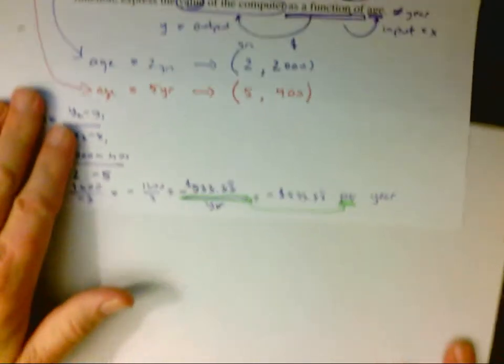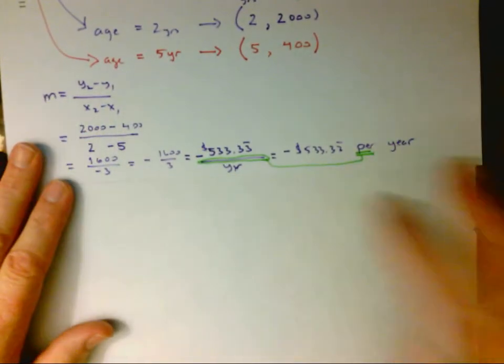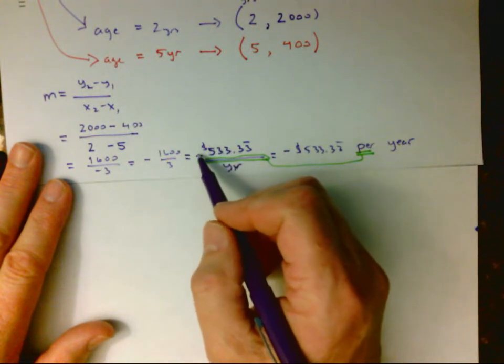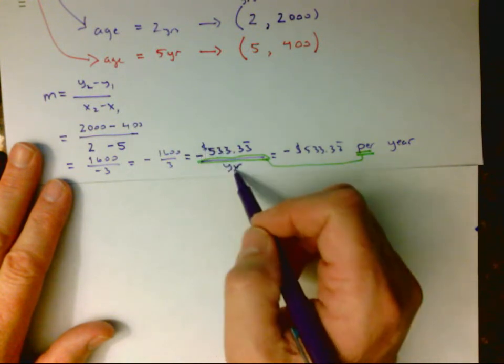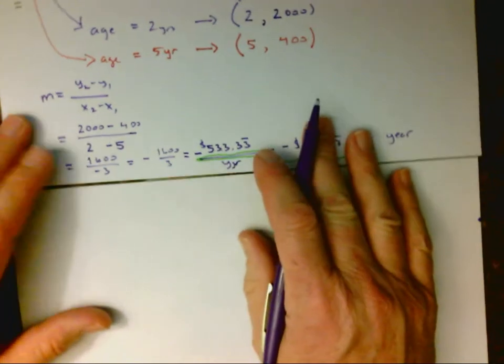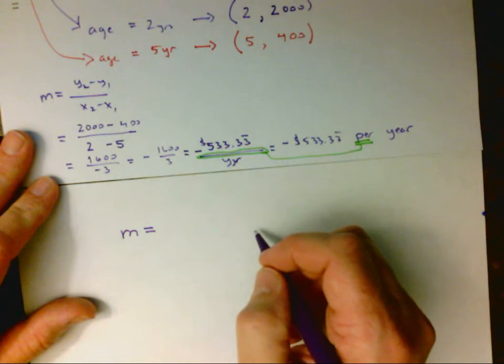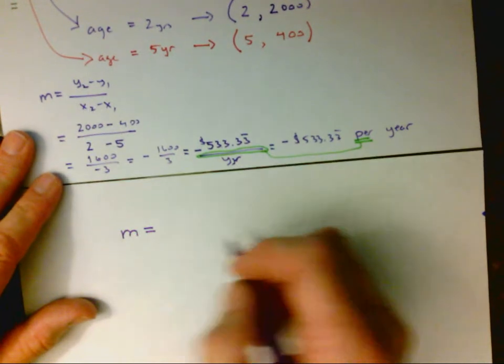A few pages back, we got the slope of this line as minus so many dollars per year. So I'm going to write that here again. You can use your units to check your answers for a slope.